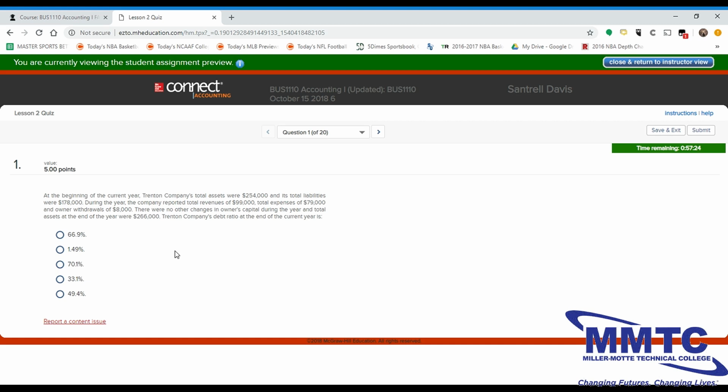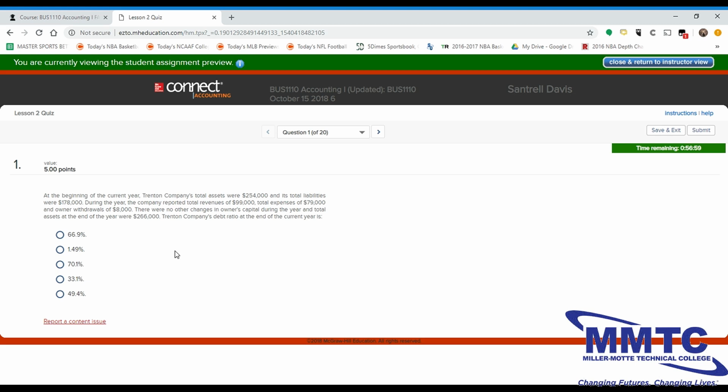Total liabilities divided by total assets, that's your debt ratio, at the end of the year for this company.